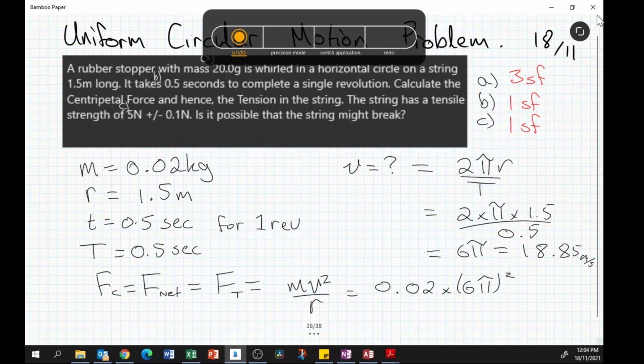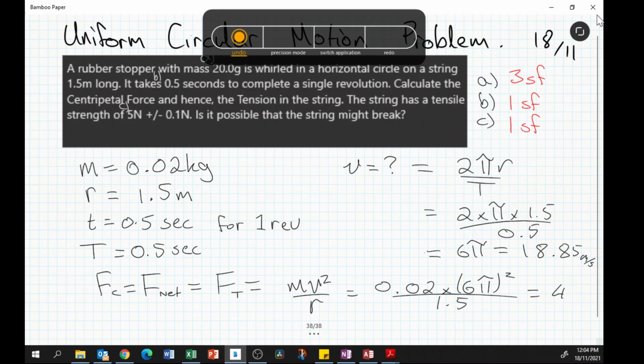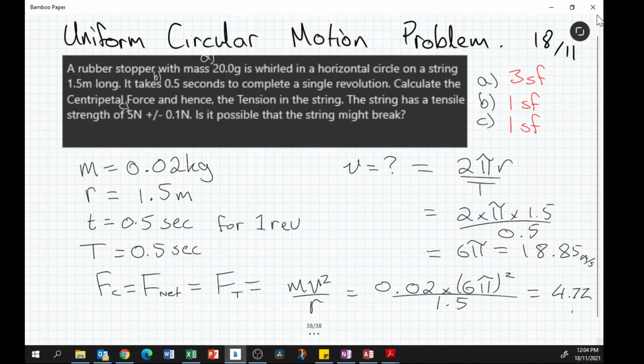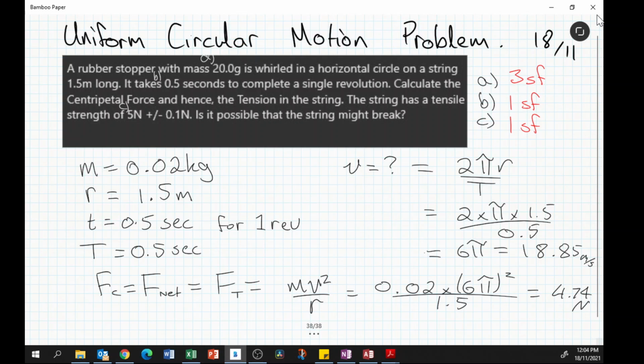Over radius, 1.5. And what do we get as an answer? 4.74 newtons.